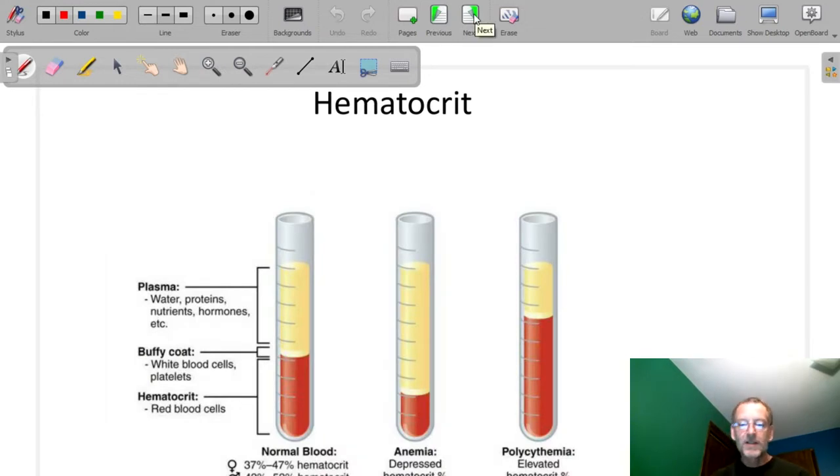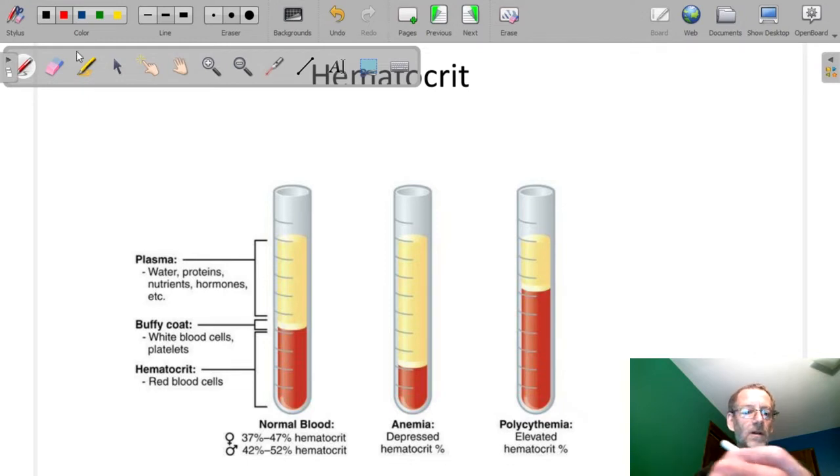For the hematocrit, which is just that percentage of blood that is red blood cells at the bottom. This is showing three different hematocrits. So they took blood from three samples and added an anticoagulant to each one, whole blood, spun it, and then separated it out.